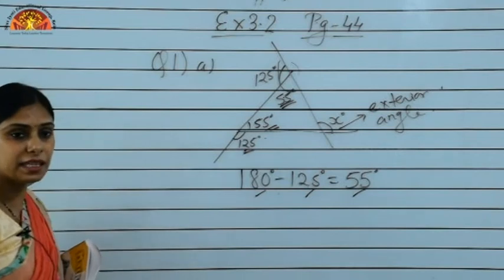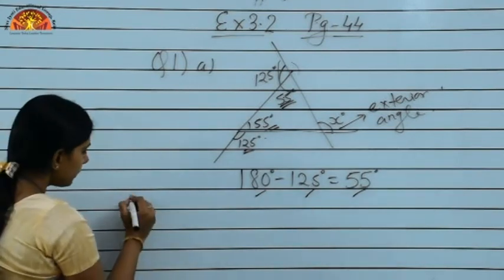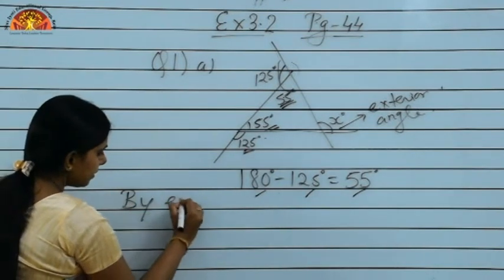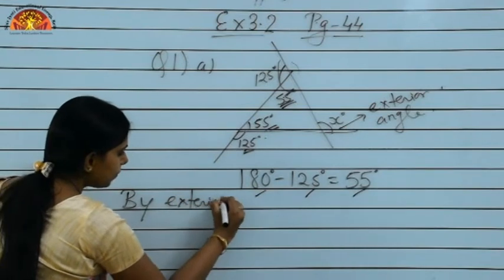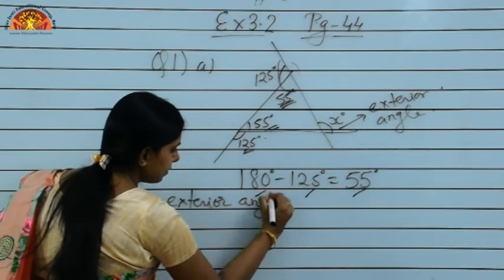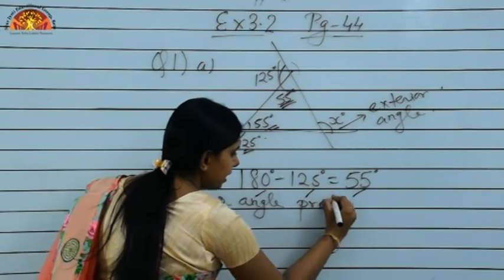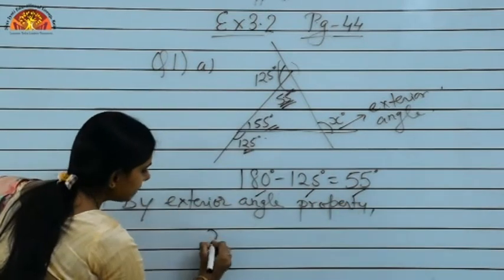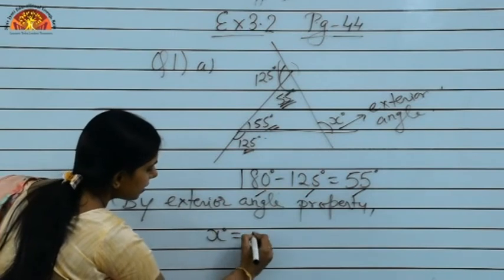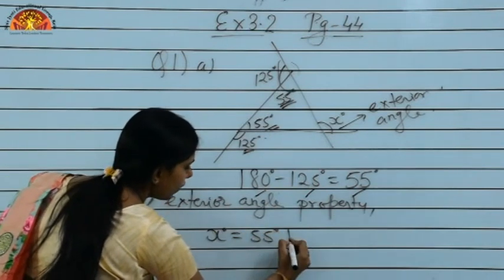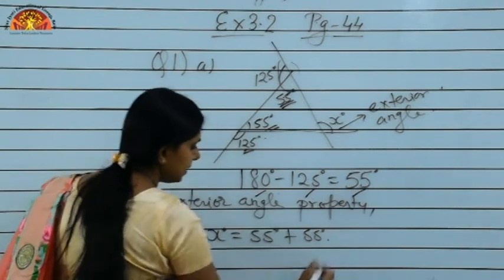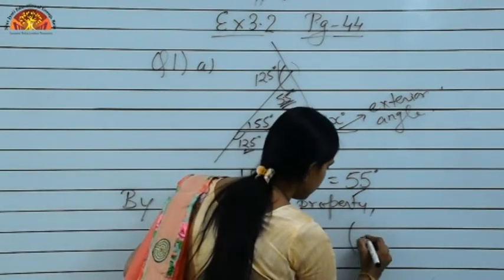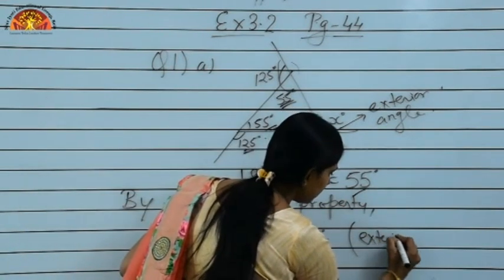So by exterior angle property, we can write that x degree is equal to 55 degree plus 55 degree, because exterior angle is equal to the sum of interior opposite angles.